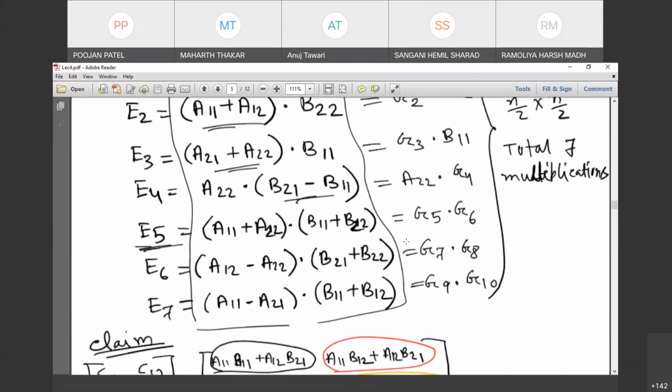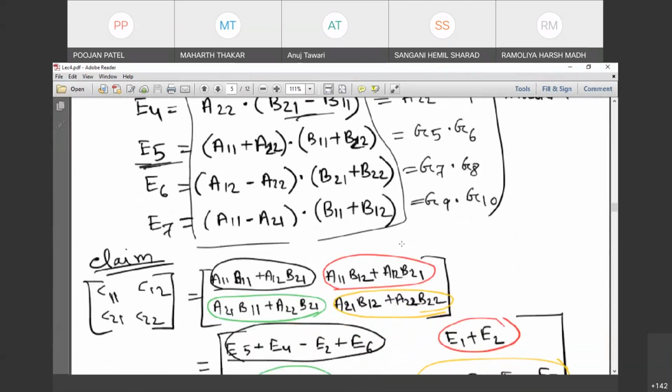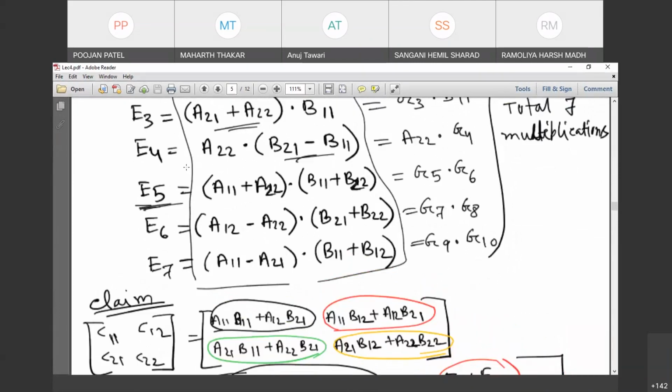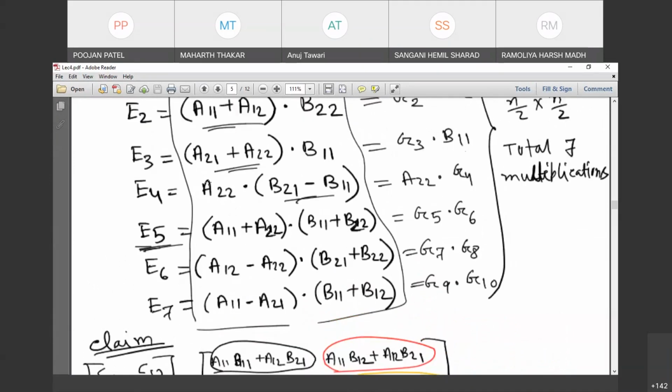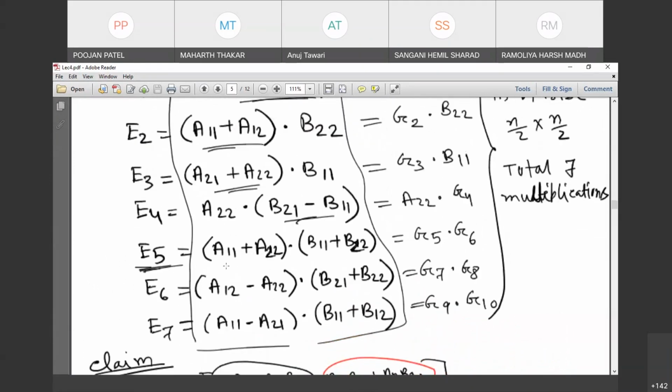So, in fact, it is difficult to figure this out. And here is one example, which is E5 plus E4 minus E2 plus E4. So what is E5? A11 plus A22 multiplied by B11 plus B22.